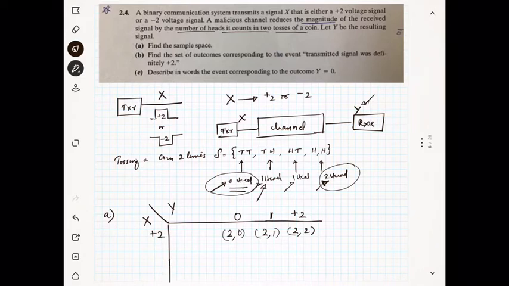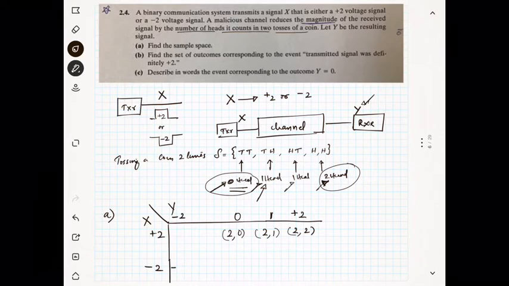Now we will see what the situation is if I transmit -2. If there is no change at all, that means the 0 head case, the magnitude is not decreased at all, so I will get -2.